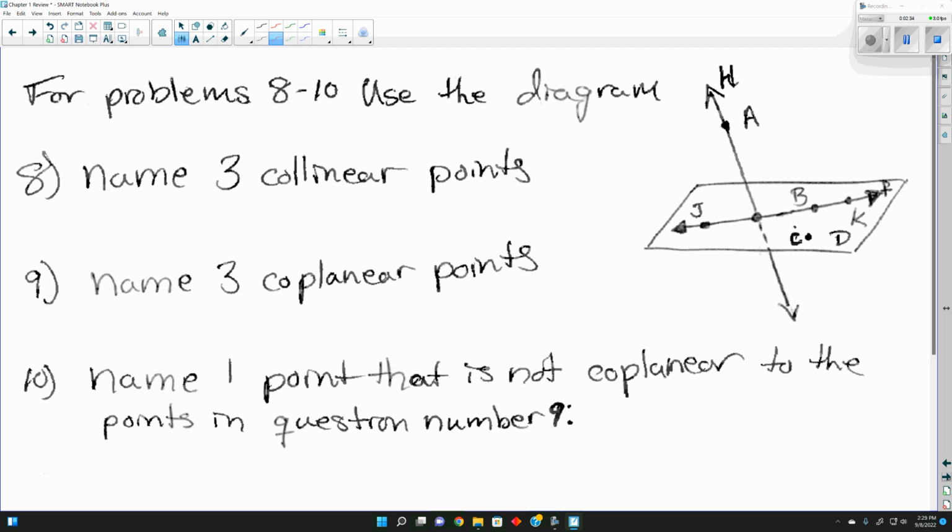All right, let's look at 8, 9, and 10. Questions on 8, 9, or 10? Question on how to name 3 collinear points or 3 coplanar points. So 3 coplanar points are 3 points that are on the plane. So what are 3 points that are on the plane?